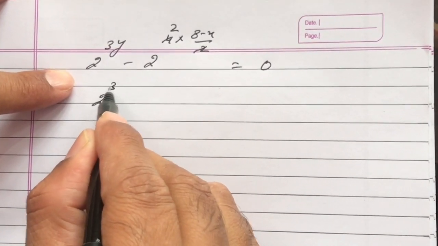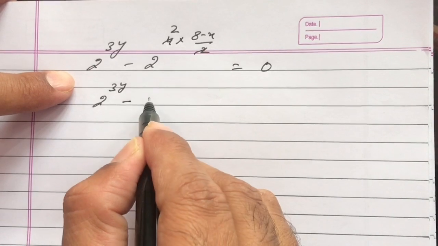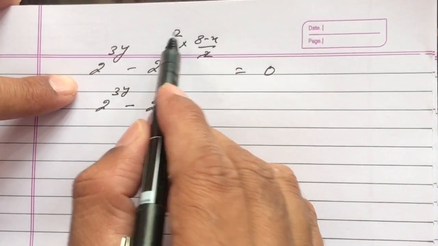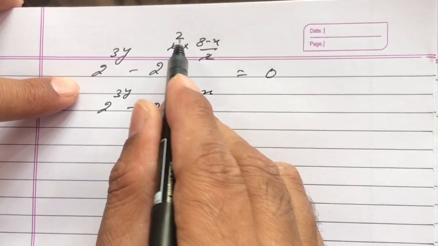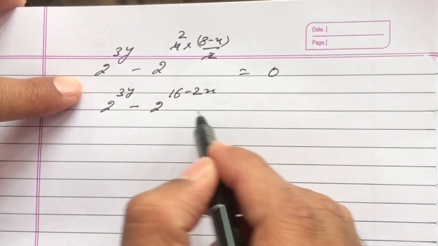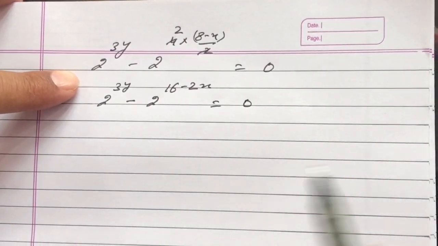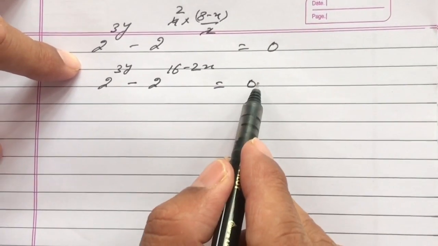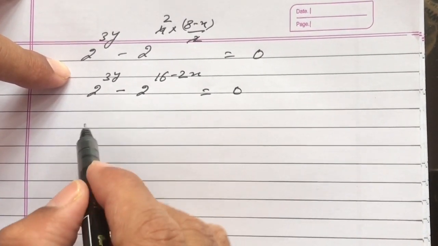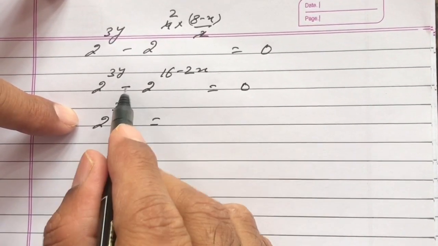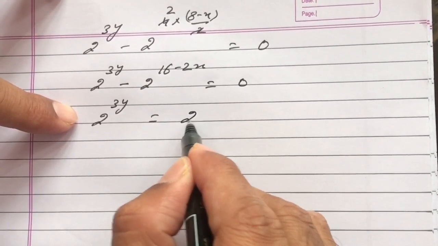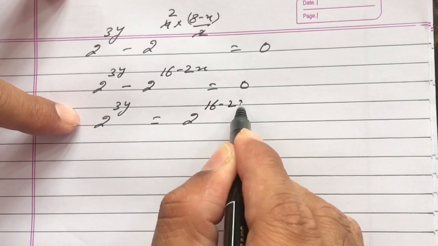So 2 raised to power 3y minus 2 raised to power 2 times 8 minus x, that is 16 minus 2x. I multiply 2 with 8 minus x equal to 0. Now I take this one to right hand side. This is 2 raised to power 3y equal to, this is minus here, it will become plus, 2 raised to power 16 minus 2x.